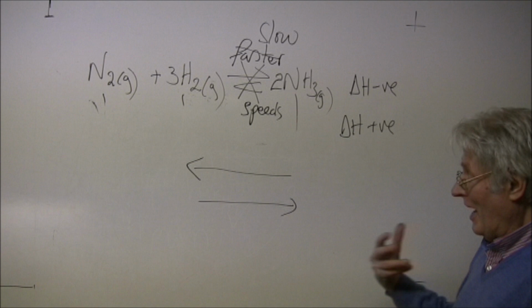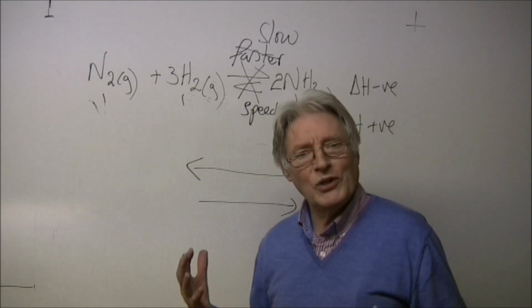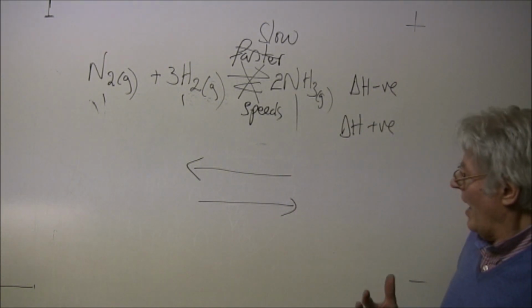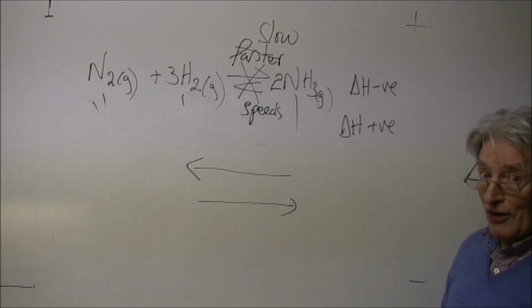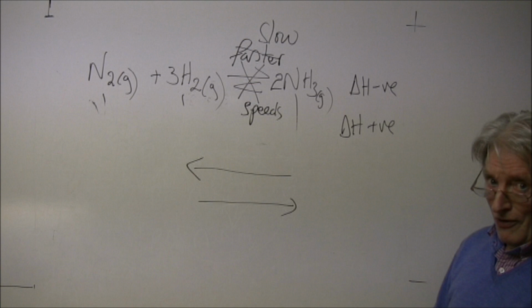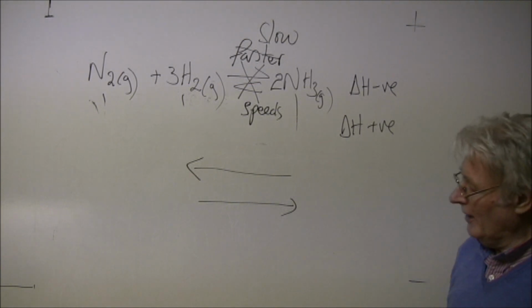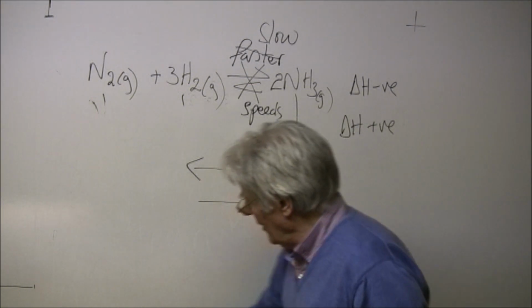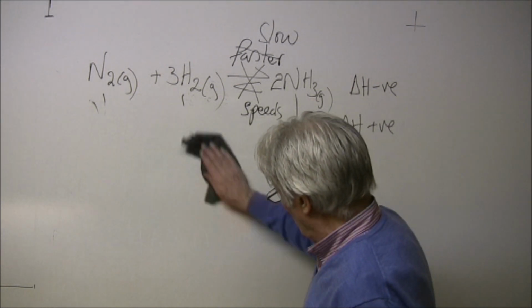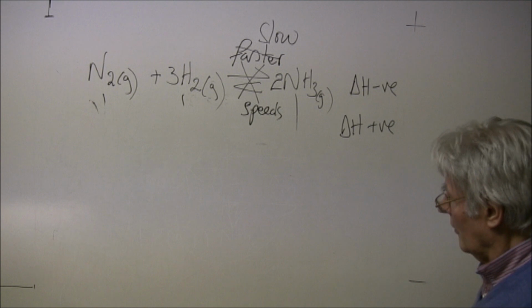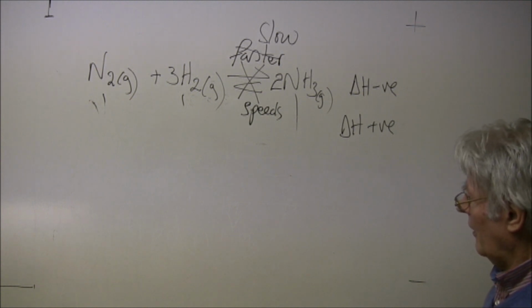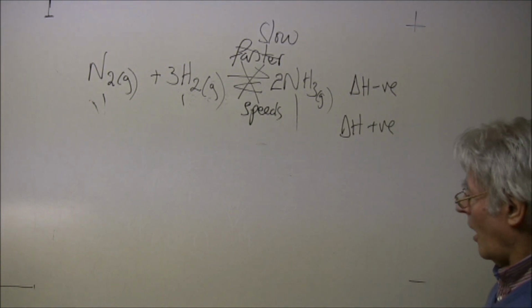Now, ideally then, if we want to maximize our yield of ammonia, we would want a very low temperature and a very high pressure. That would give us more ammonia. But we have to live in the real world. This has to be an economical and a practical process in the industrial preparation of ammonia. So a compromise is needed.